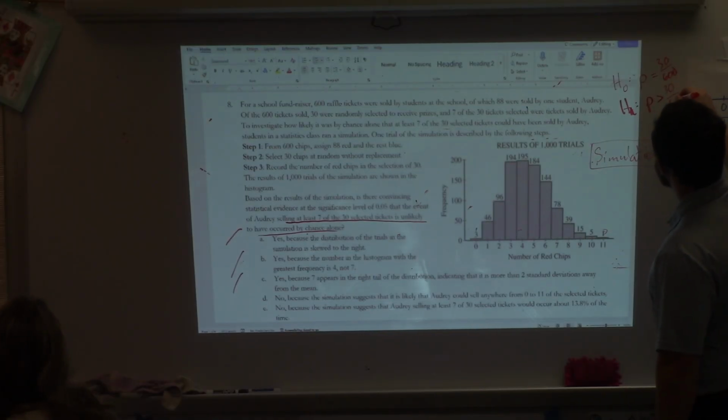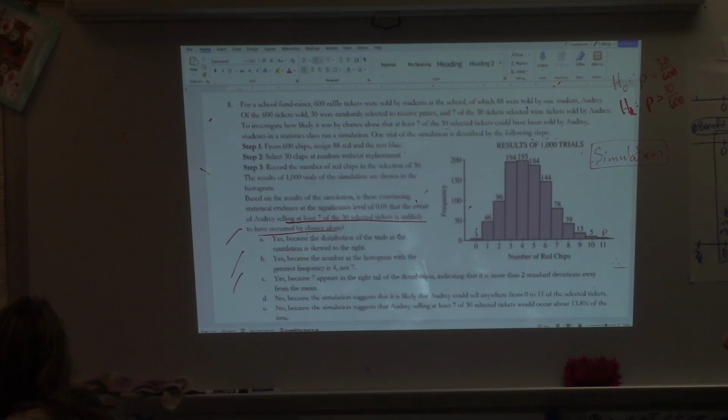For some reason, she got more than 30 out of 600. But look at that graph. It's skewed to the right. We need to recognize that's a skewed distribution. I would not be able to do a hypothesis test in this case.